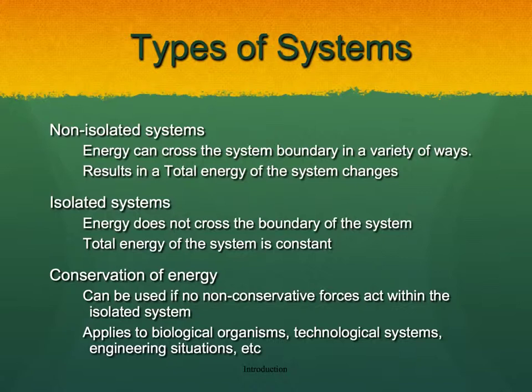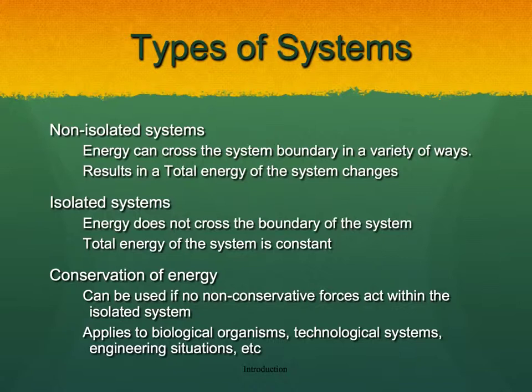Okay, so we also can think about, in terms of our system, there's two major types. There's non-isolated systems, and then there's an isolated system. In a non-isolated system, that's where energy can cross the system boundary in different ways. In a non-isolated system, ultimately the total energy of the system is going to change.